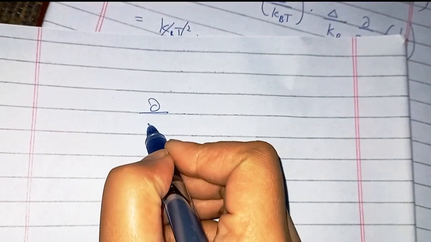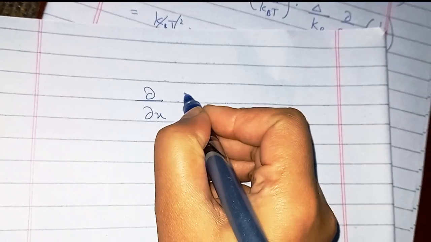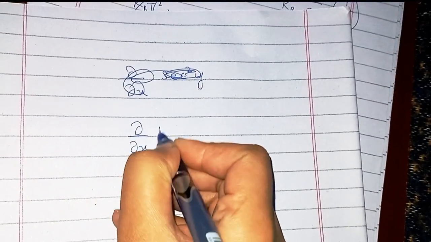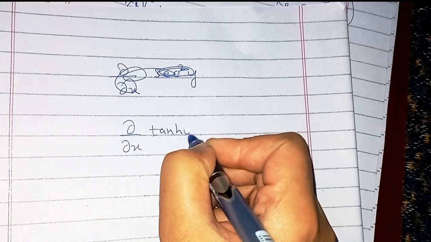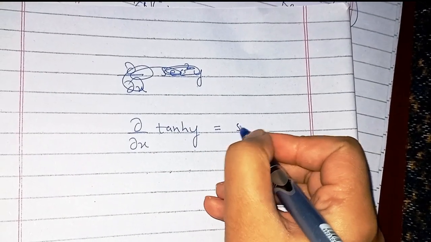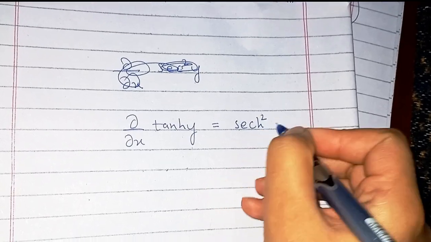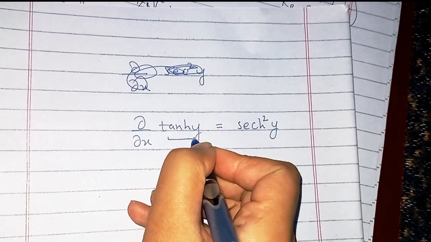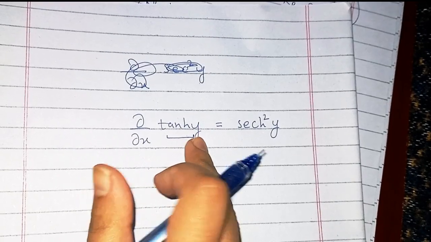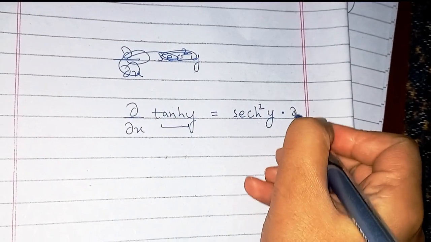So let me write here partial by partial x of tanh of y, let's say we have that situation. So it would be equal to sech squared y. This changes into sech squared with the same angle dot derivative of angle.